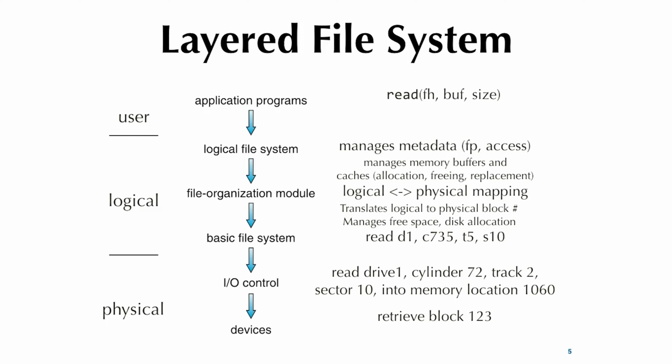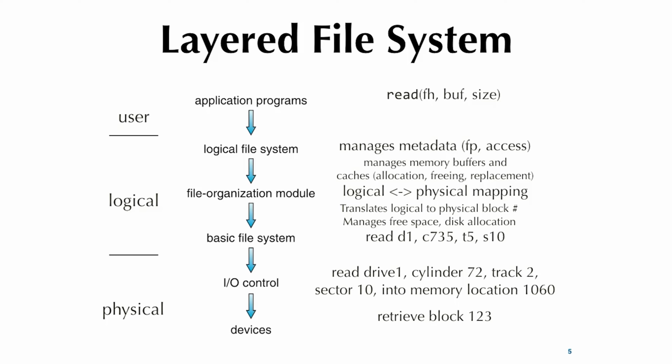So a file system is usually layered. The user sees the API layer and up for the higher level, like the read, file handle, the buffer to read into, the size to request reading for. And then there's the logical file system, which manages the metadata, not just the raw storage, and it may have to manage some caching.